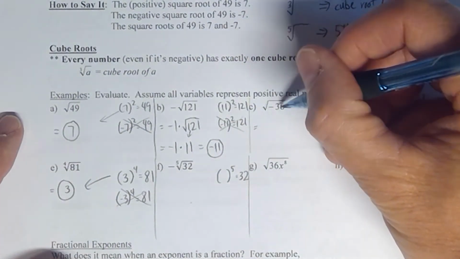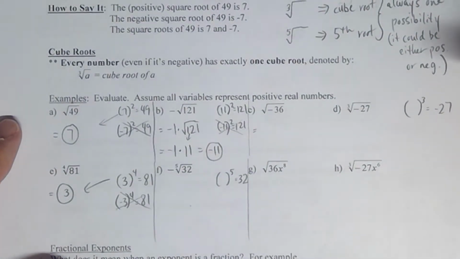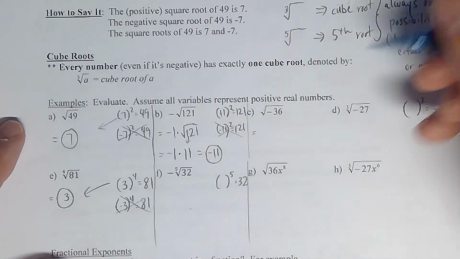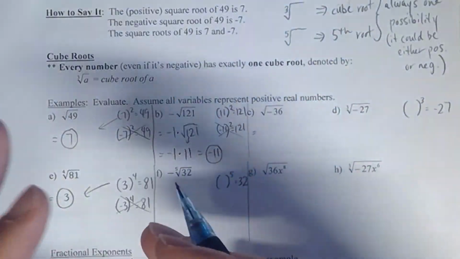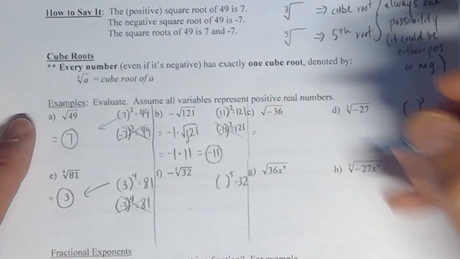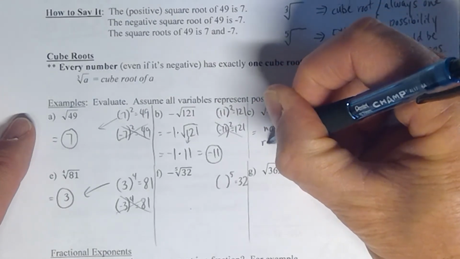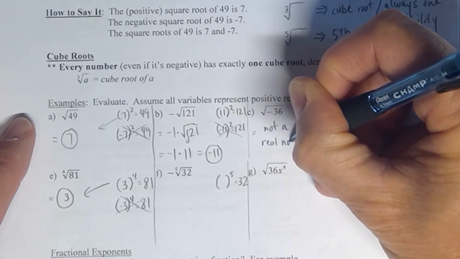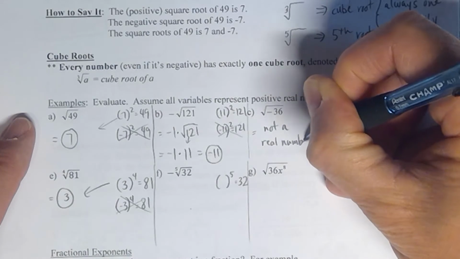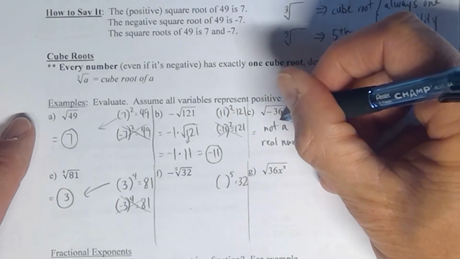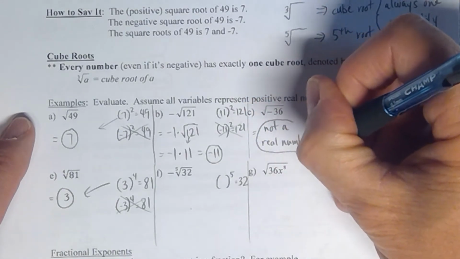But with even-rooted radicals, a negative will always give you what we say is not a real number. When we say not a real number, it's because later on, in a future discussion, we'll learn that there is an imaginary answer, not a real answer, but an imaginary answer.